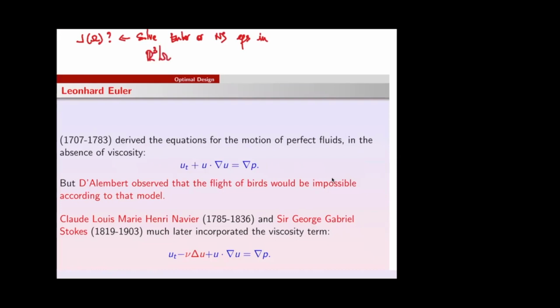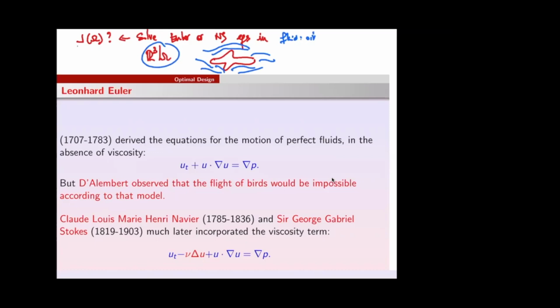Why R3 minus omega? Because the aircraft is occupying a given shape, and the air is flowing around. The fluid, which is the air, is precisely occupying the space that the cavity omega leaves.